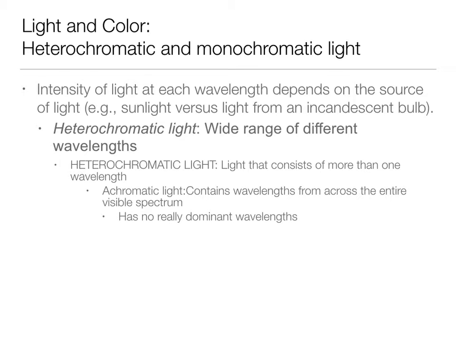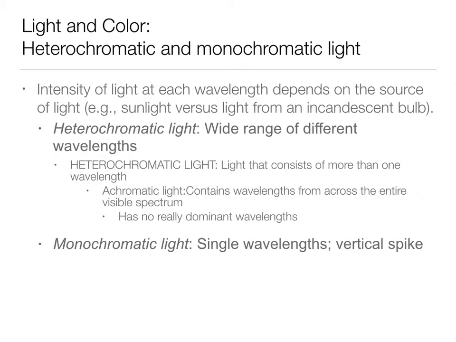This really has no dominant wavelength, so it's not going to have one wavelength that's higher than others. Its SPD is basically going to be a straight line, because every different visible part of the spectrum is displayed equally. It contains the entire spectrum, but there aren't any dominant lights in that spectrum.